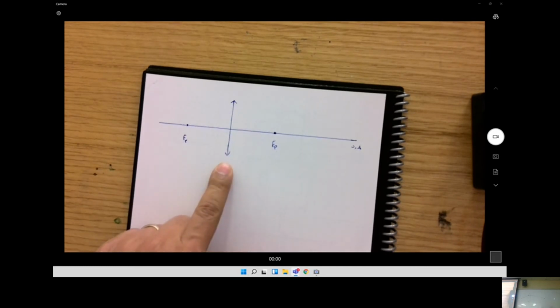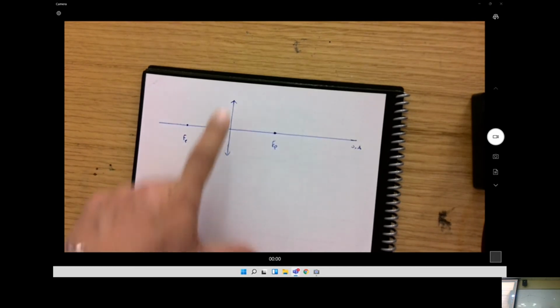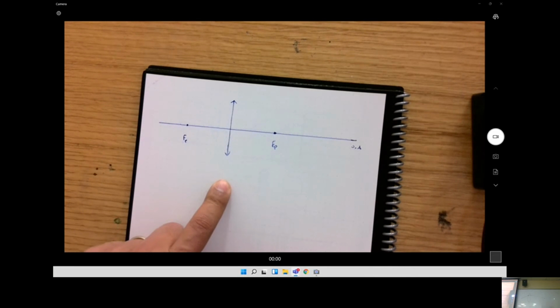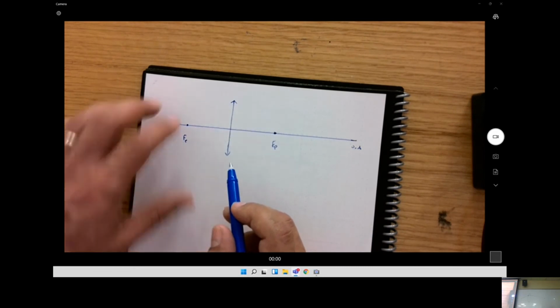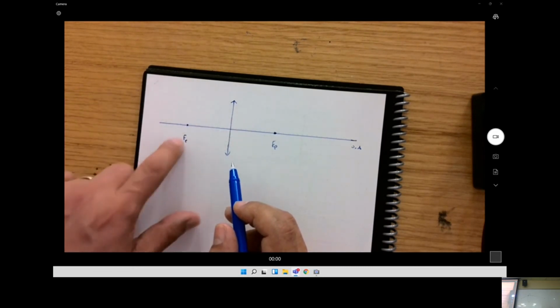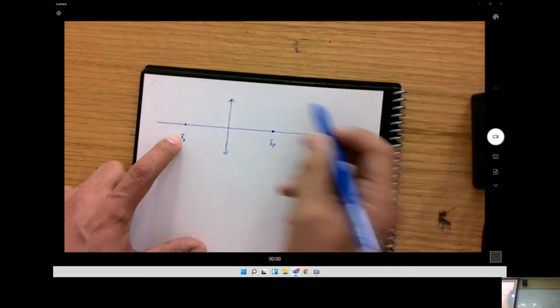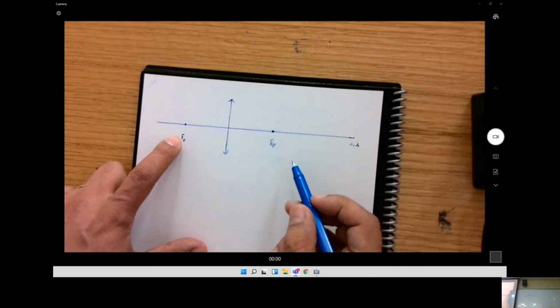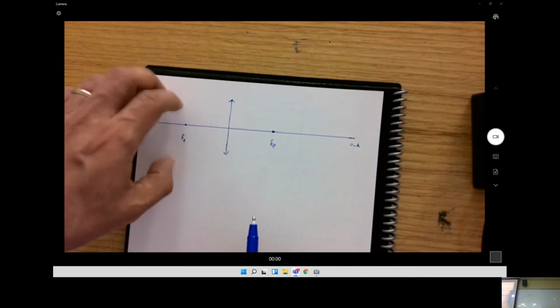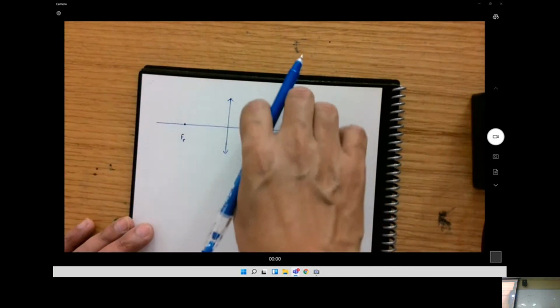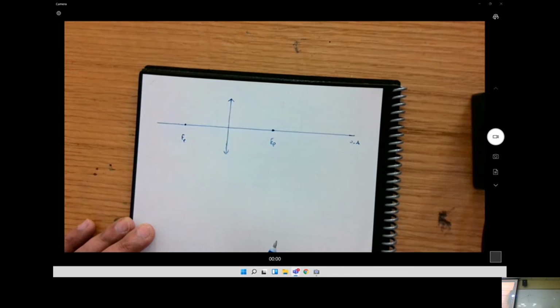The other origin is going to be where my lens is. From the lens, the whole optical system can be divided into object space to the left and image space to the right. I'm going to assume that all the objects are always going to be to the left, and that the images are going to be formed to the right.